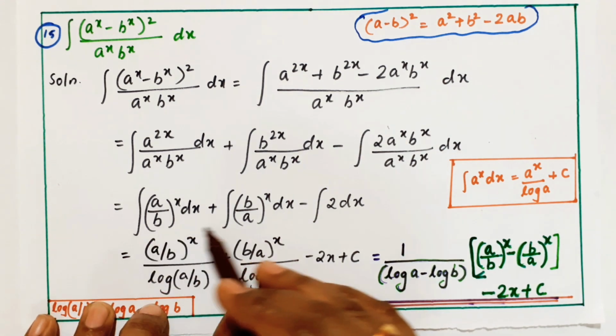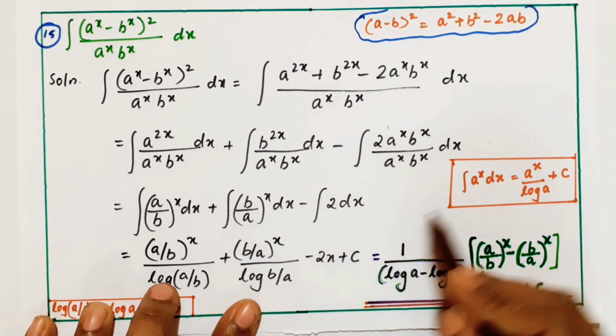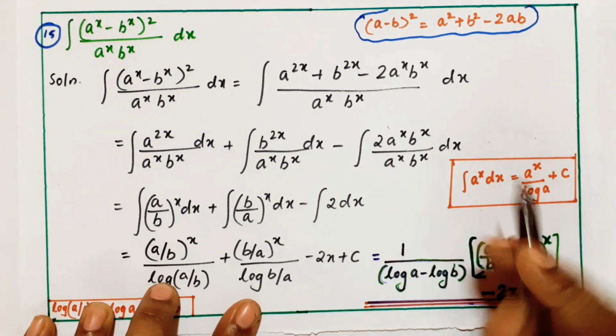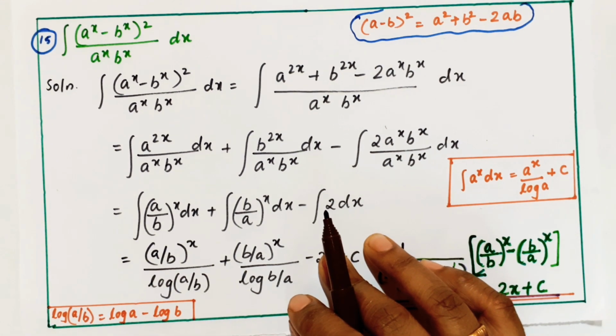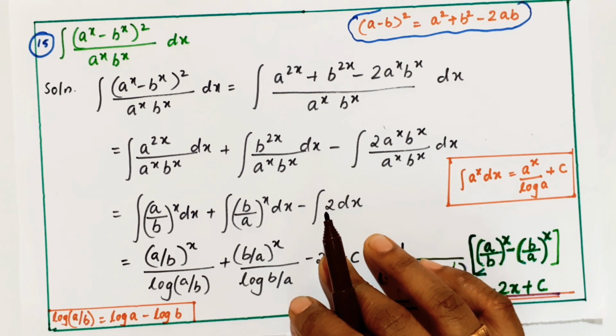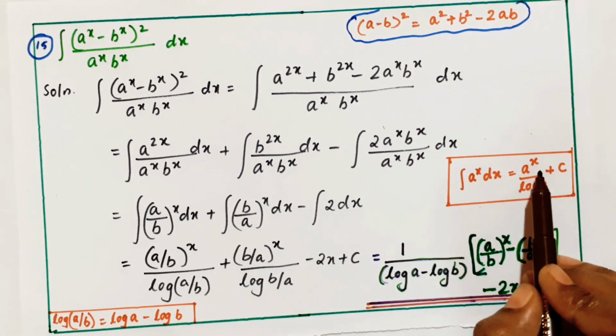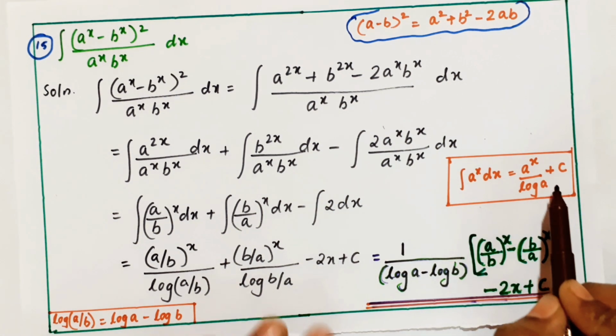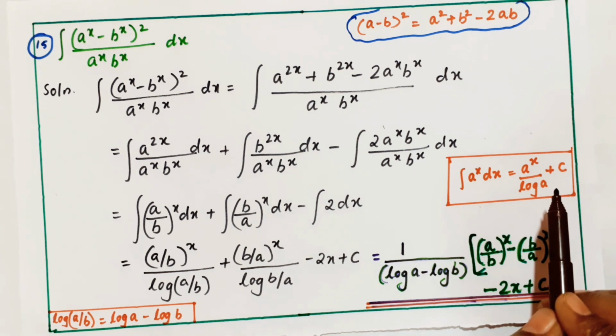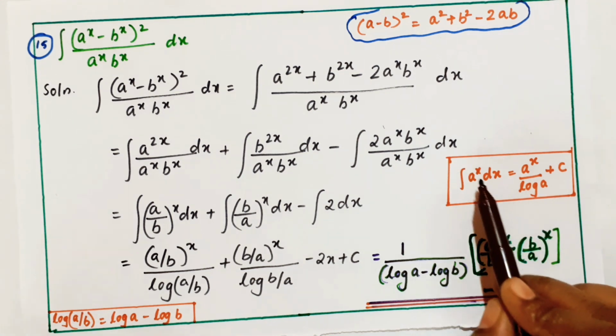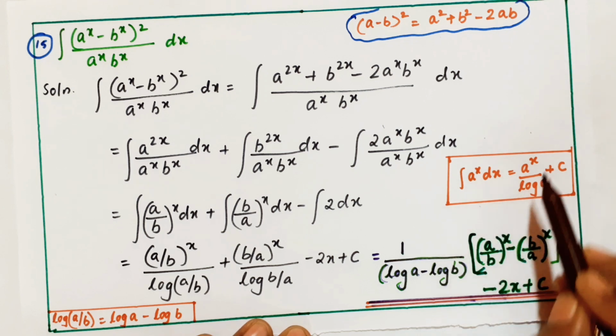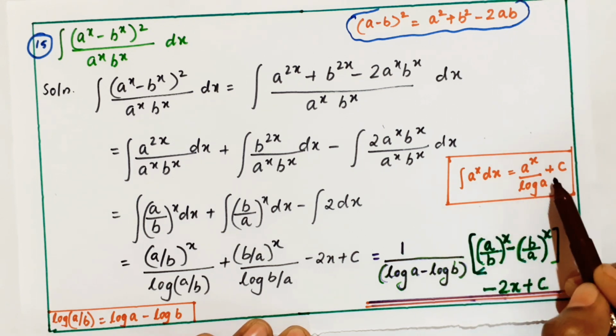Then what's the next step? This equation is in our standard form, integral of a^x dx, which I have given in the previous video. Integral of a^x dx we can write as a^x by log a plus c.